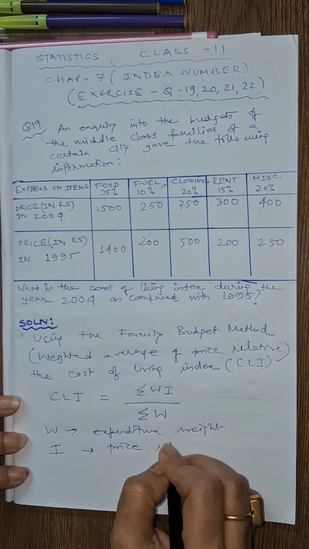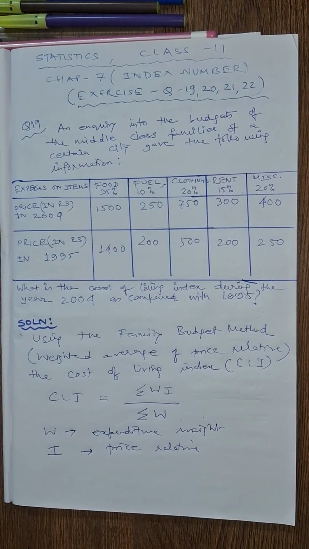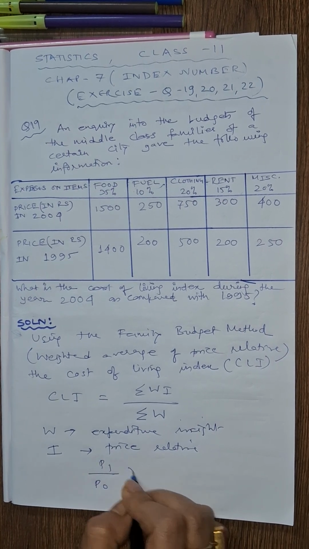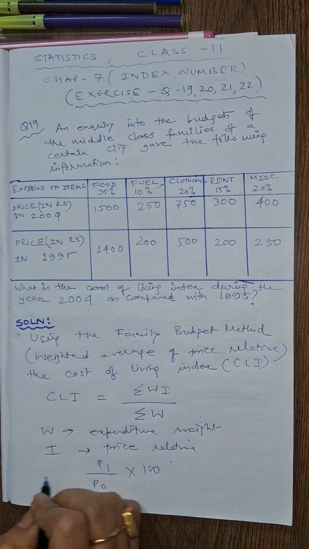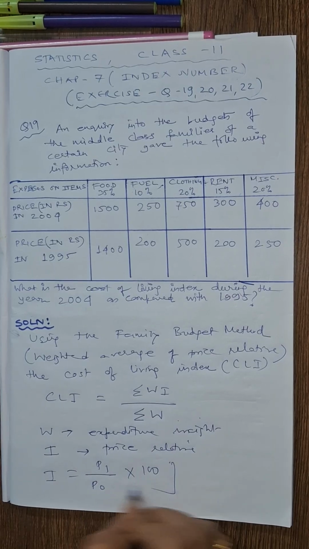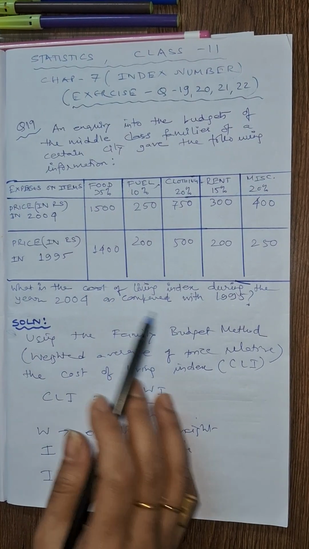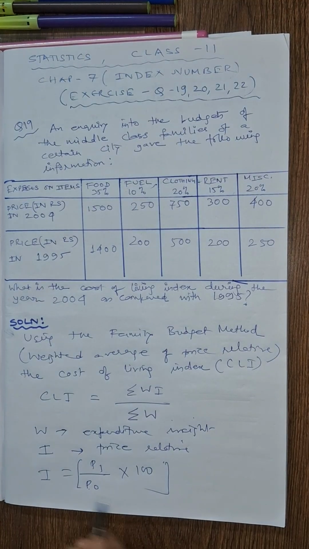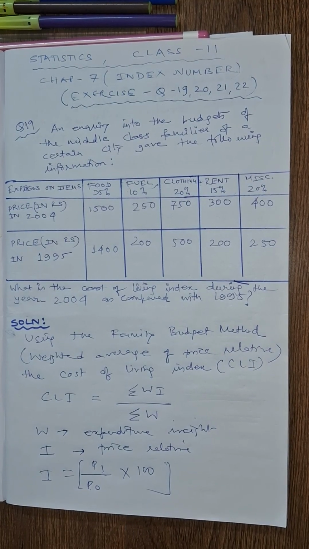We get I by the current price P1 by P0 into 100. Here P1 is the 2004 price and P0 is the 1995 price, into 100. Now we will do the calculations.